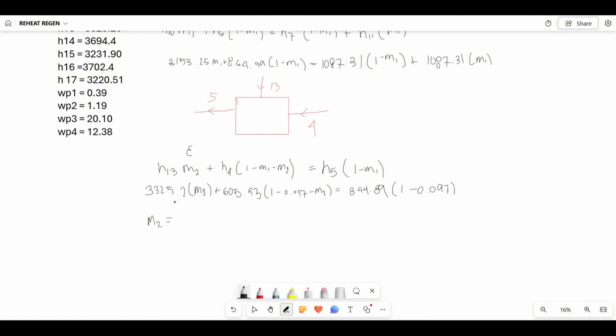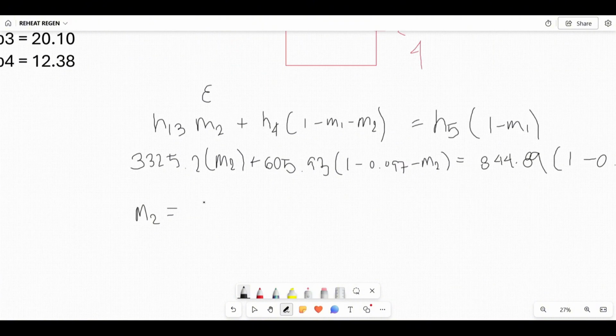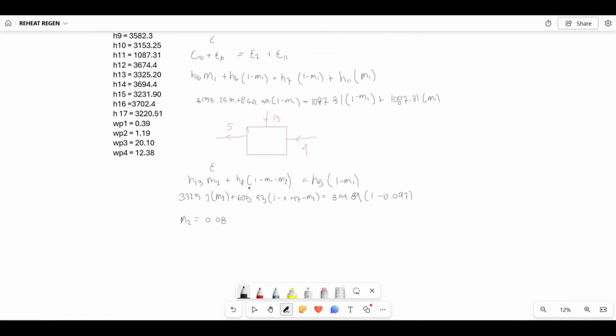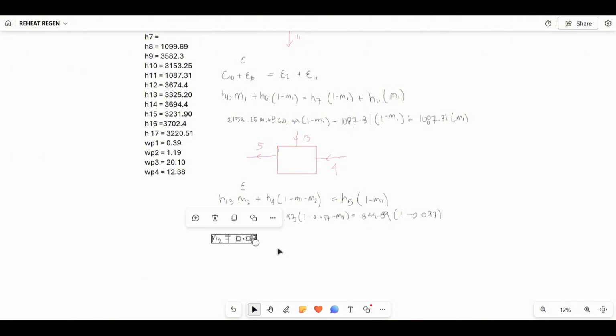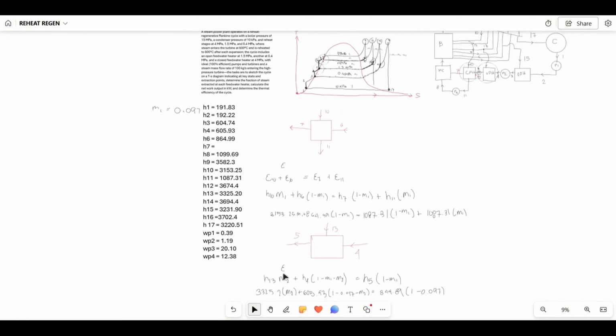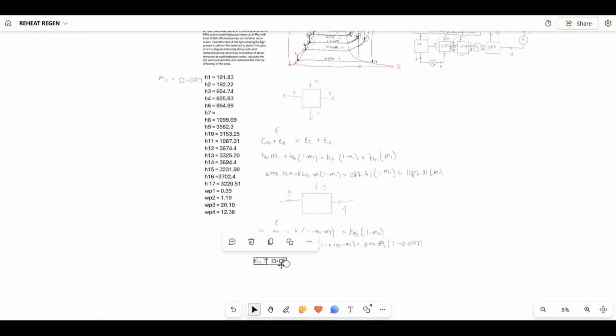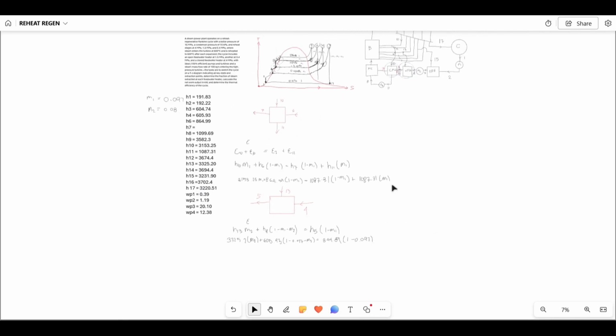So we got a smaller one, 0.08. So 8% was mass 2. That's a really small extraction, which is really good considering that there's a big mass that is getting heated and reheated all the time. So now we have mass 1 and mass 2.